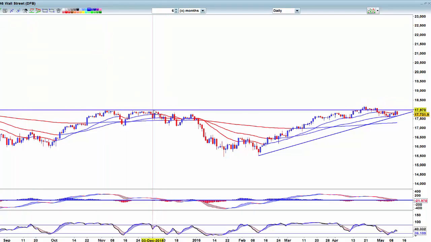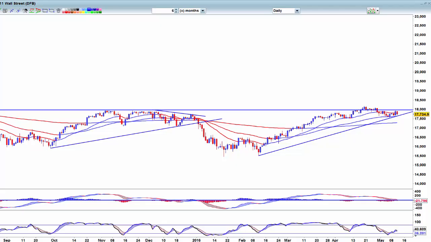We saw a similar pattern here where we crashed into that trend line, and then we had this pattern here, and then we rolled out over that. So this is looking very, very similar here. So this November-December pattern is looking at the moment very, very similar to this April-May pattern.